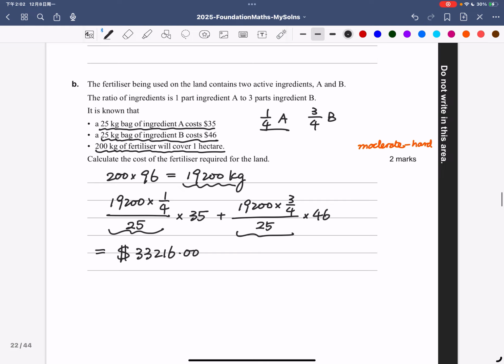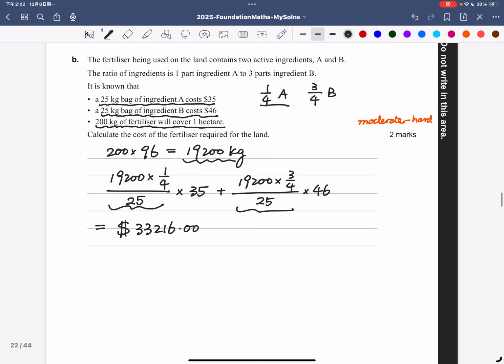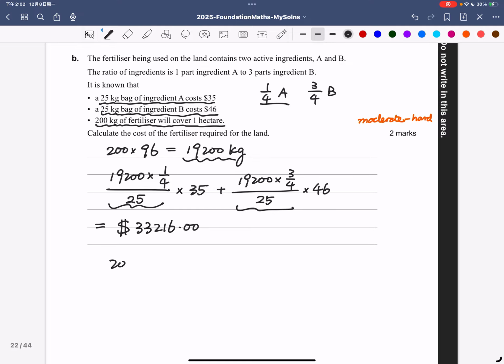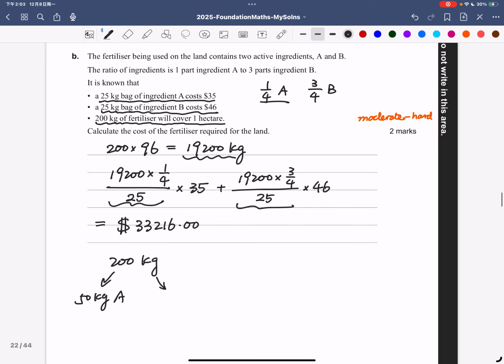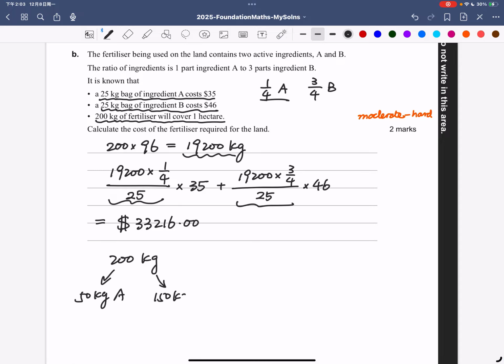Of course, another way you could calculate this is, we don't talk about the total. We talk about, for each hectare, how many bags we need. Let's say 200 kilograms, you have 50 kilograms of A. You have 150 kilograms of ingredient B. So A needs 2 bags.